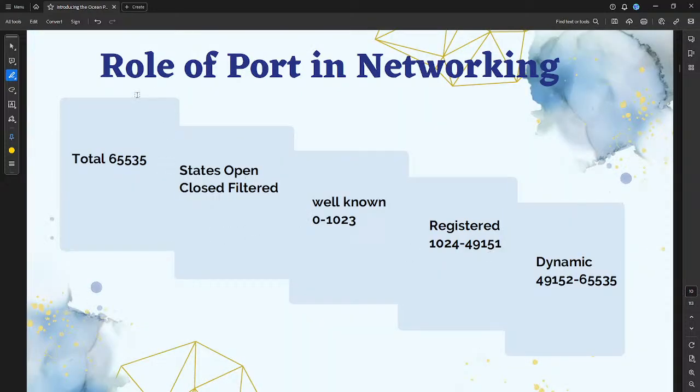Now, what are the roles of ports in networking? If you're just joining us, you're welcome. We're studying to understand networking concepts in cybersecurity, or for cybersecurity. These are concepts that you need to be familiar with.